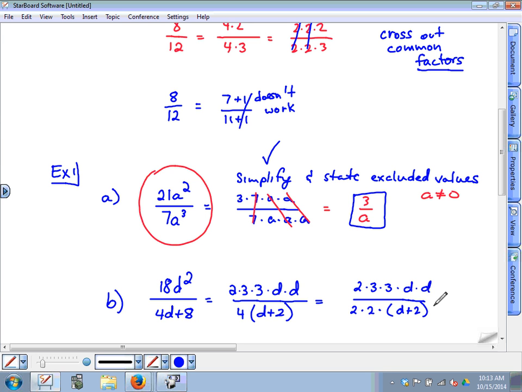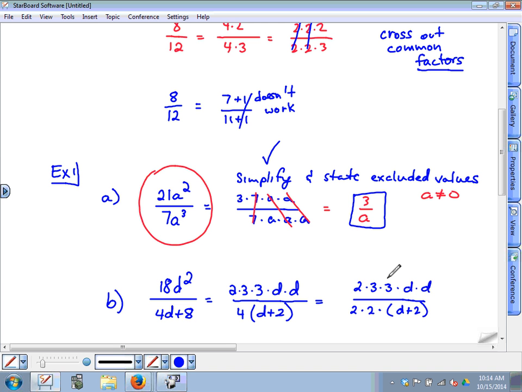This d plus 2 now is a factor, just like all of these others. A 2 and a 3 and a d, those are all factors. This d plus 2 counts as one factor, even though it's 2 terms. Why? Because 2 times d plus 2, they're all multiplying together now. You follow? So this has been fully factored.